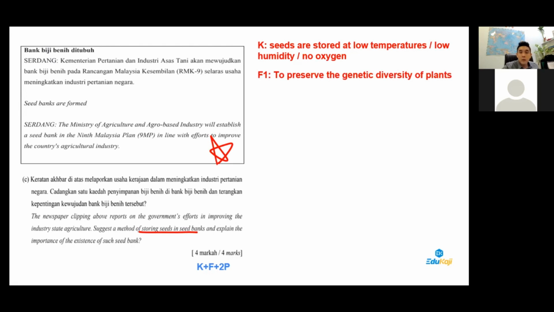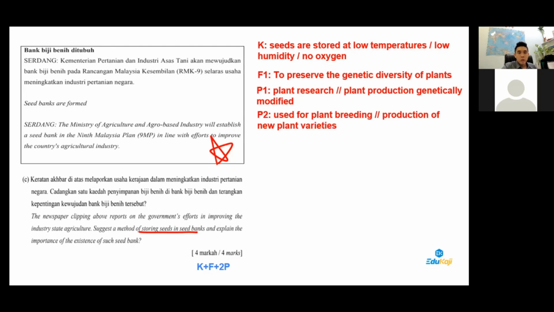This is to preserve genetic diversity. To carry out more plant research and plant breeding.